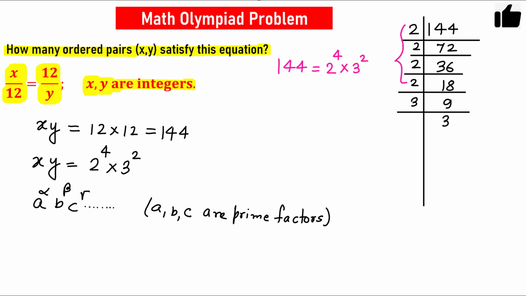Let us say I have a number n, and this number can be written as a raised to the power alpha times b raised to the power beta times c raised to the power gamma, where a, b, c are prime numbers.